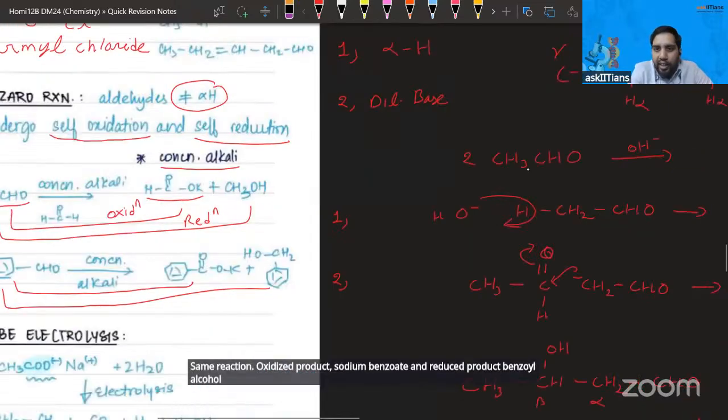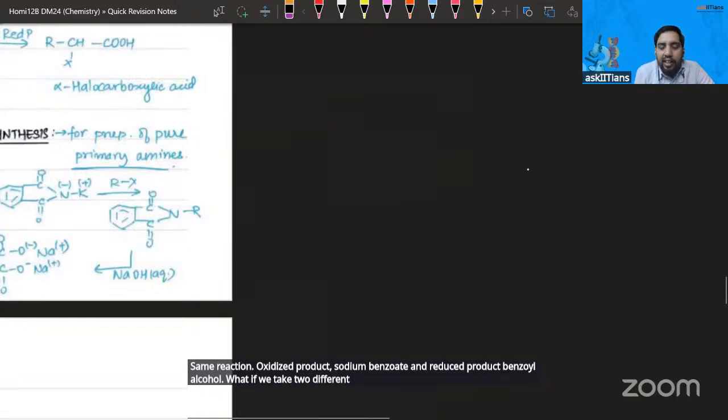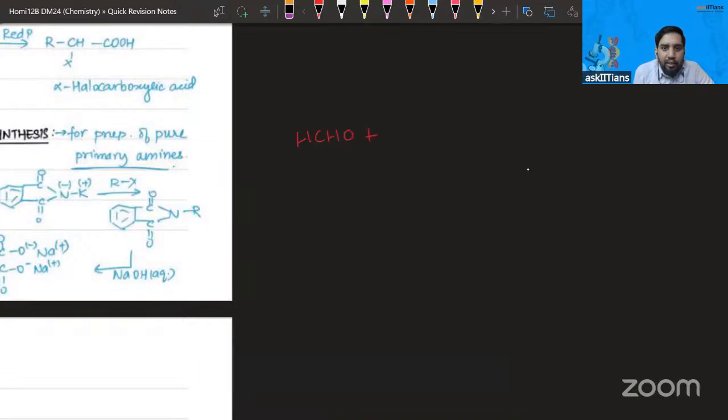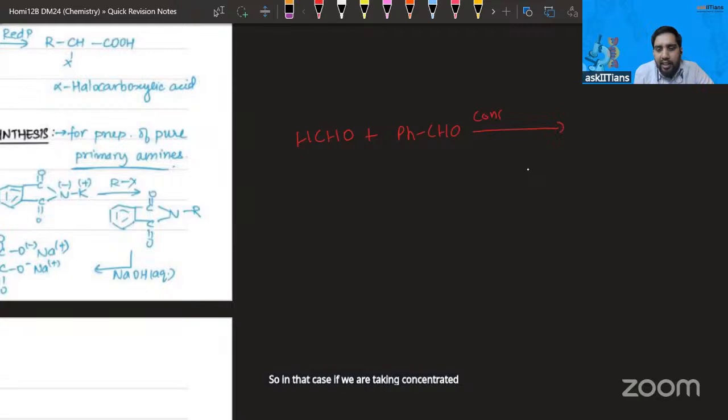What if we take two different aldehydes, like I am taking HCHO and PhCHO? PhCHO is benzaldehyde. So in that case, if we are taking concentrated alkali, what is going to happen?